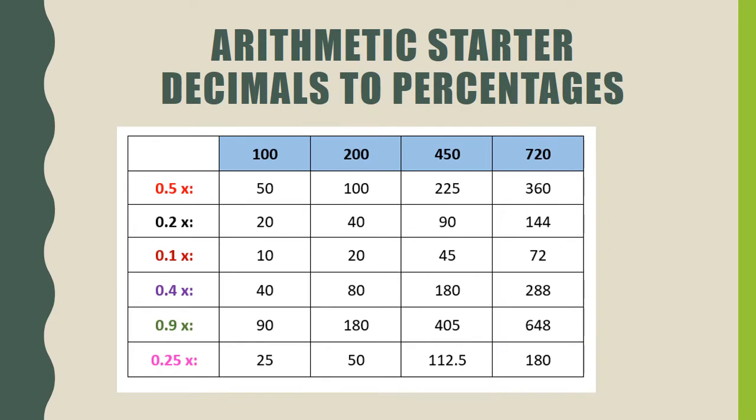Brilliant. Here are our answers on screen. So 0.5 times 100 equals 50. And that makes perfect sense.